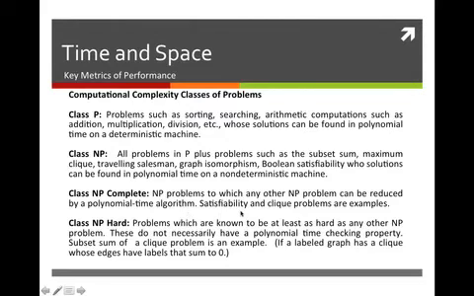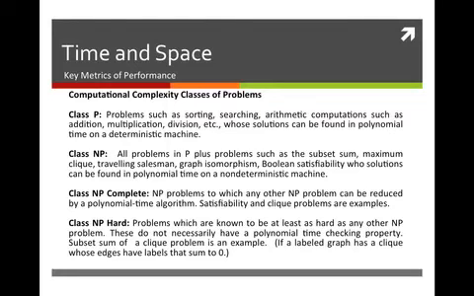And satisfiability and graph-clique problems are examples. A graph-clique problem, a maximum clique problem, is, for example, in a graph, to find the maximum complete graph, meaning a graph in which any two vertices are connected by an edge.